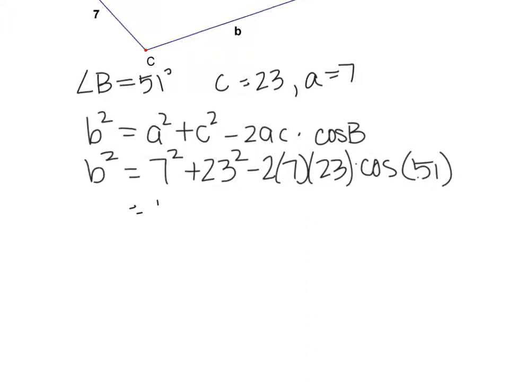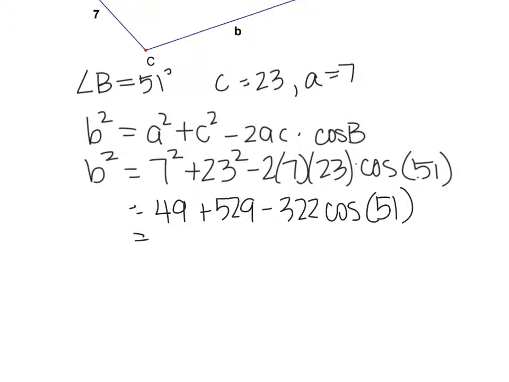So 7 squared is 49, 23 squared is 529, and 2 times 7 times 23 is 322 times the cosine of 51. So 49 plus 529 gives us 578 minus 322 cosine of 51.